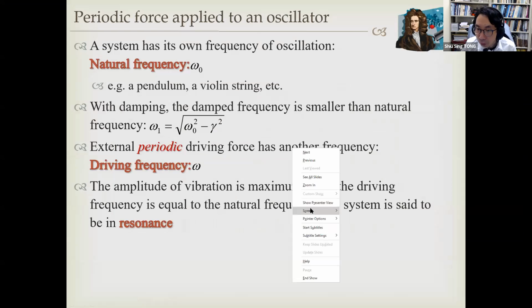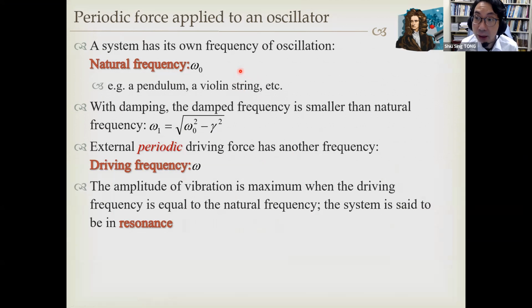Before going into the details, I have to make it clear that there are quite many different frequencies involved in this problem. The first frequency is, of course, the natural frequency of the oscillation of the system, and I denote it by omega naught. For example, a pendulum will have its own oscillation frequency.